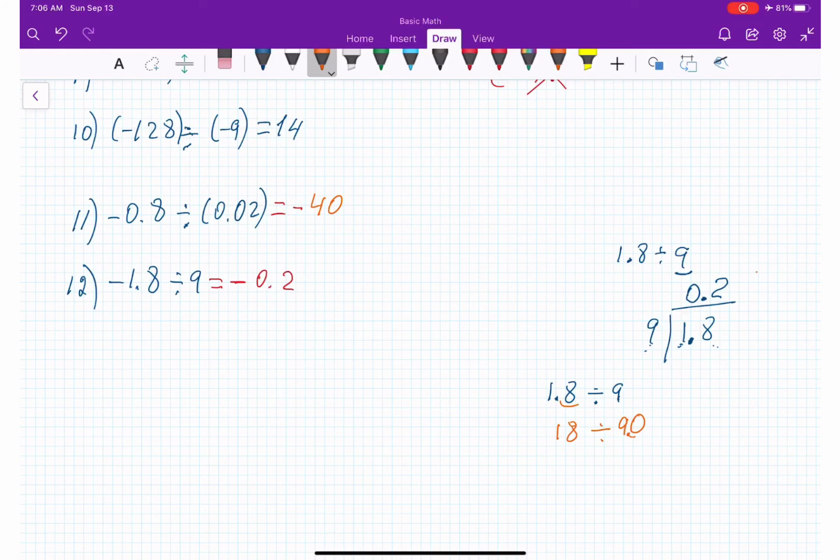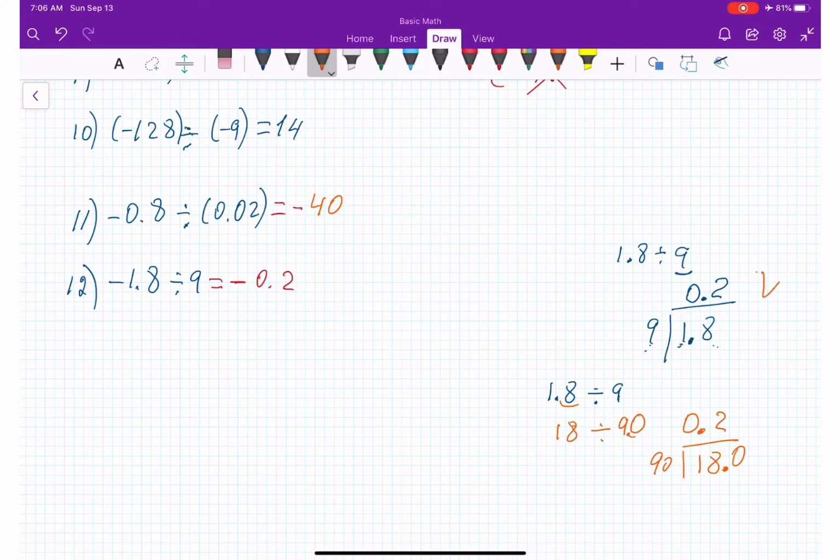But you still get the same thing: 18 divided by 90. 18 is not divisible by 90, so we put 0. And since we used all the whole numbers, we put the decimal point here. And then I'm adding another 0, because after the decimal you can add as many zeros as you want. 180 divided by 90 is 2.